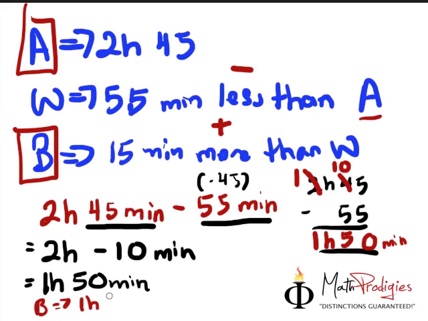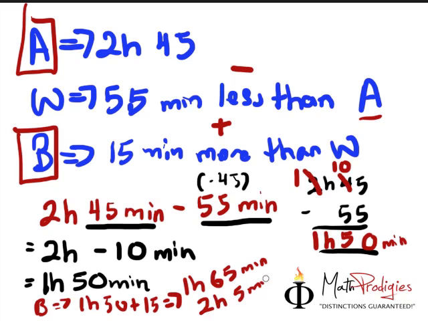So 1 hour 50 plus 15 will give you what? That means you plus 10 minutes first, so it becomes 60. Anything over 60, you must change it to an hour. So what you will get is 1 hour and 65 minutes. You see how many is it over 60? By 5 minutes. So it becomes 2 hours and 5 minutes. So Betty took 2 hours and 5 minutes.